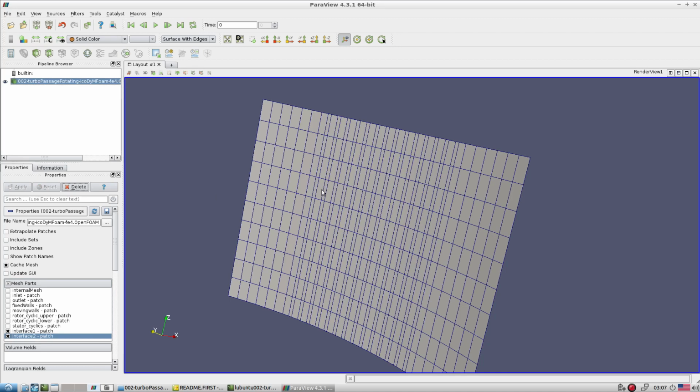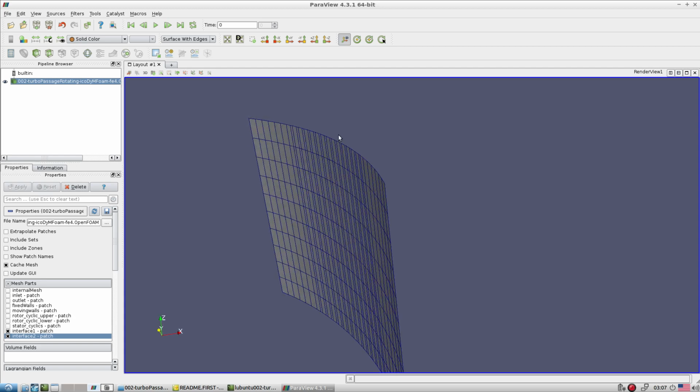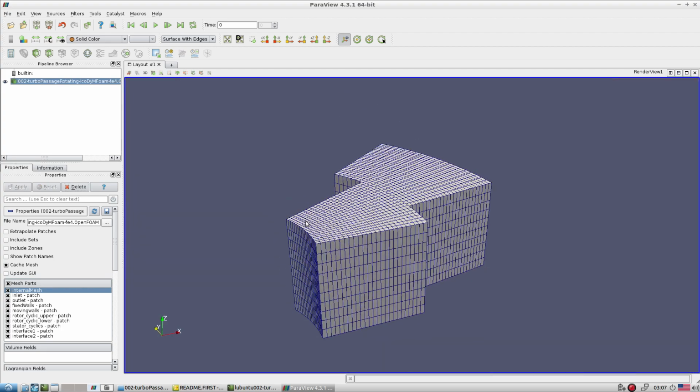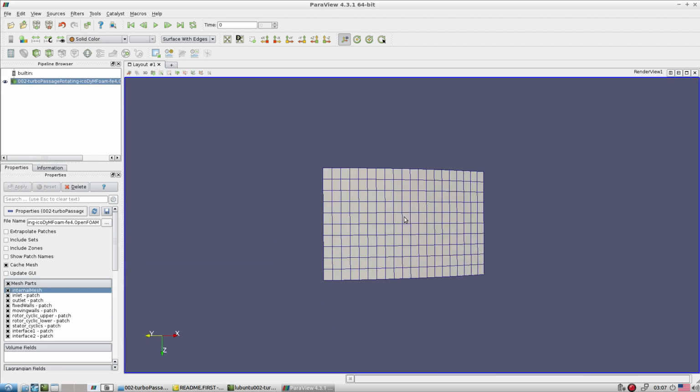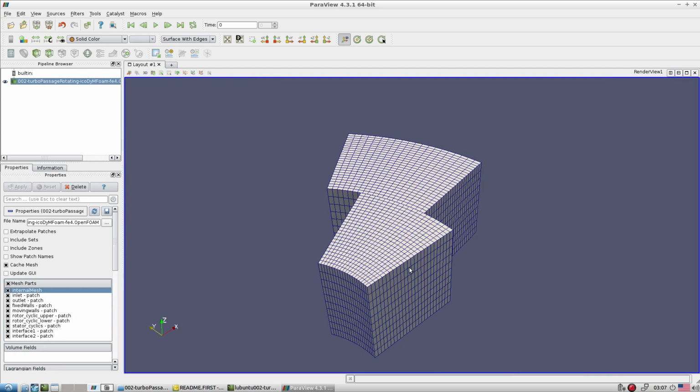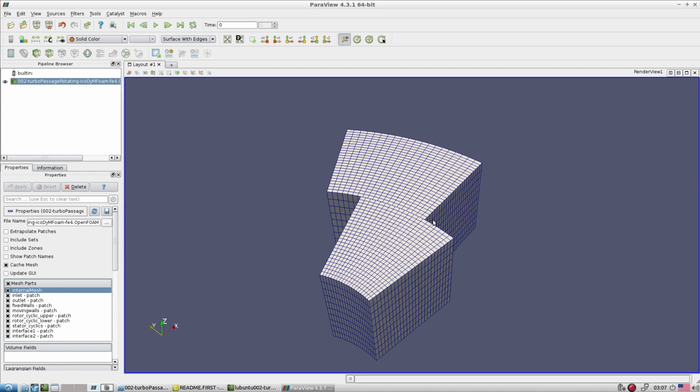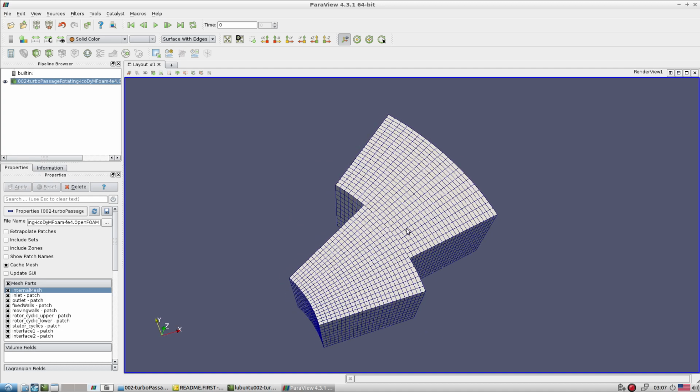So this is what we have from a geometrical point of view, inlet and outlet. So let me summarize everything. So here is the inlet, here is the outlet, this one. Okay, this is the moving part, this is the stationary part. Please understand, here we didn't consider the entire passage, that means the entire rotor and the stator.